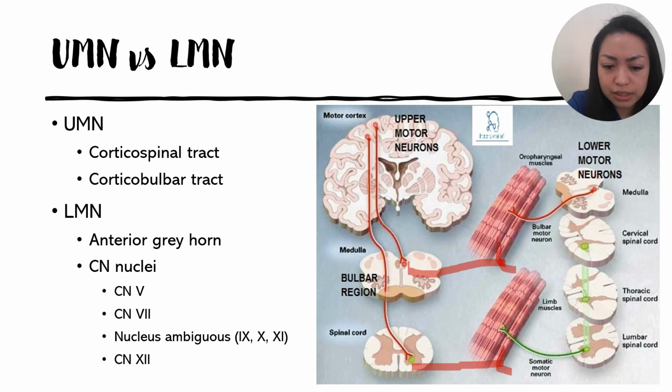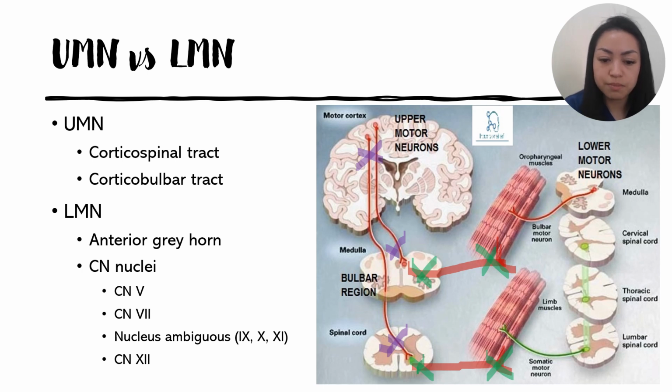So damage from like here to about there, any lesion from there to that point, is an upper motor neuron lesion. And any damage from this point here to this point here is a lower motor neuron lesion. So I hope that's clear.